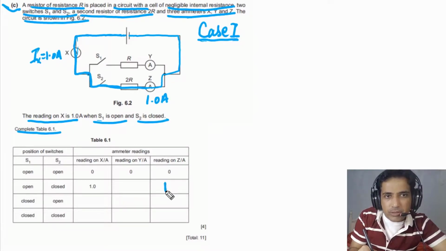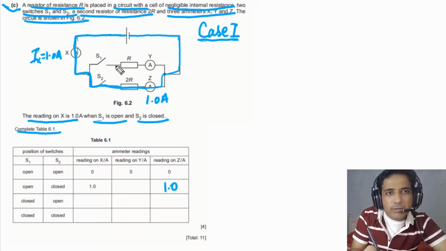So simply we can say the current passing through ammeter Z is equal to 1.0. But the current passing through ammeter Y has to be equal to 0 because no current will flow this way because this switch is open. So this is case 1.